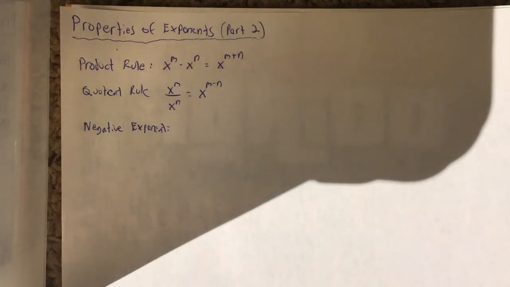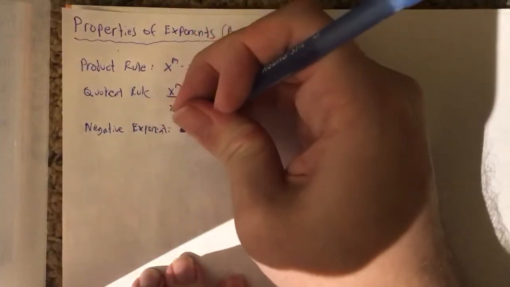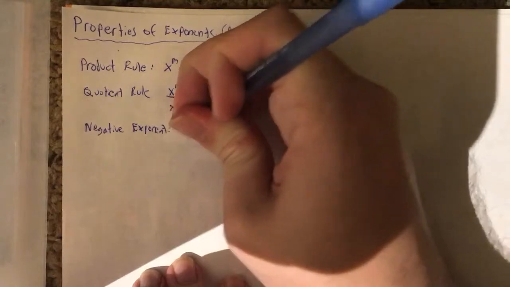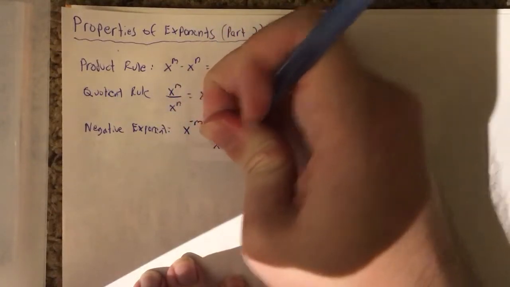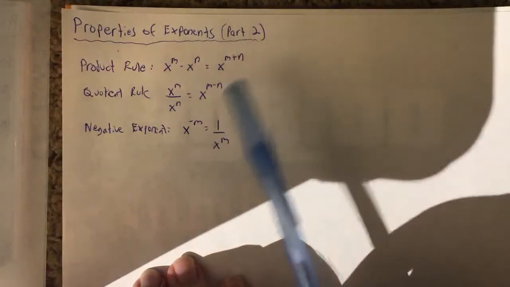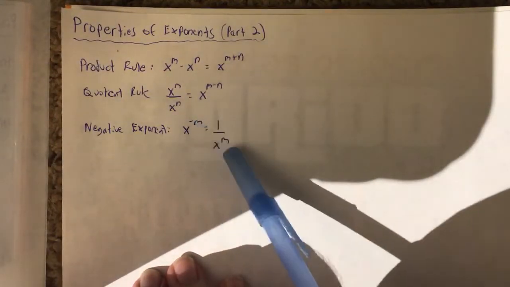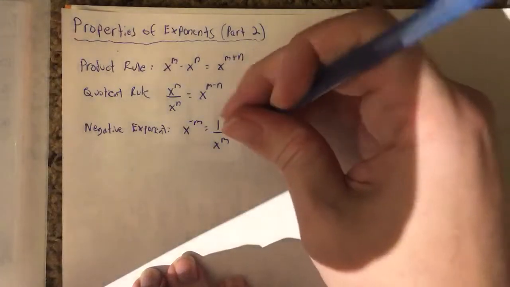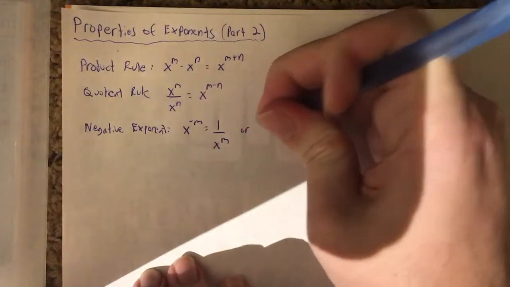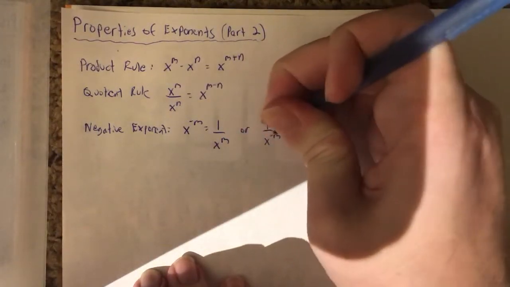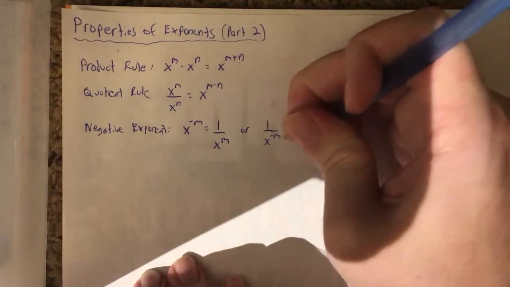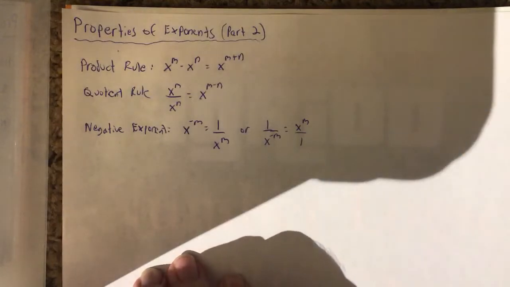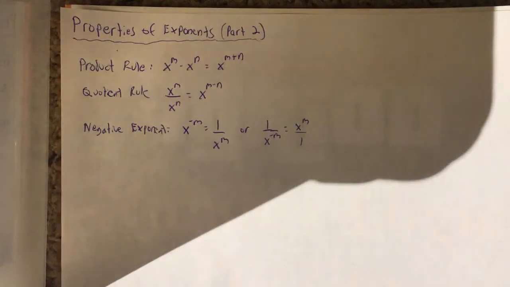You just move it to the opposite part of the fraction, and that becomes your new form with a positive exponent. So x to the negative m is really the same as 1 over x to the positive m. Notice the base isn't changing, just the sign of your exponent. You can also write it like this. If it was negative to start in the denominator, it's now positive in the numerator. So those were the three from last video.